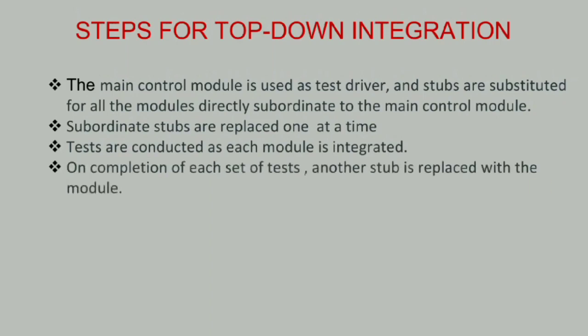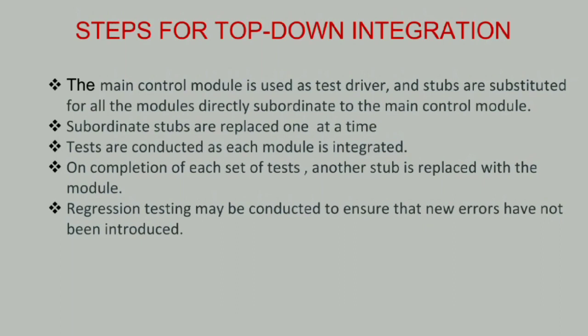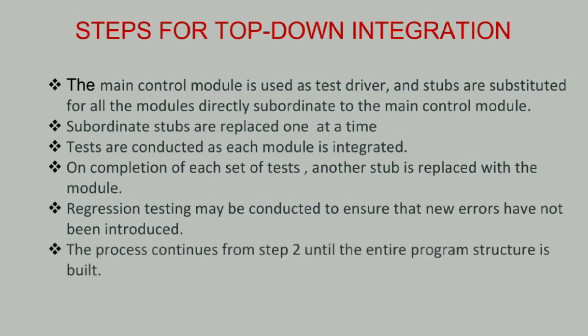On completion of each set of tests, another stub is replaced with the real module. Regression testing may be conducted to ensure that new errors have not been introduced. The process continues from step 2 until the entire program structure is built.